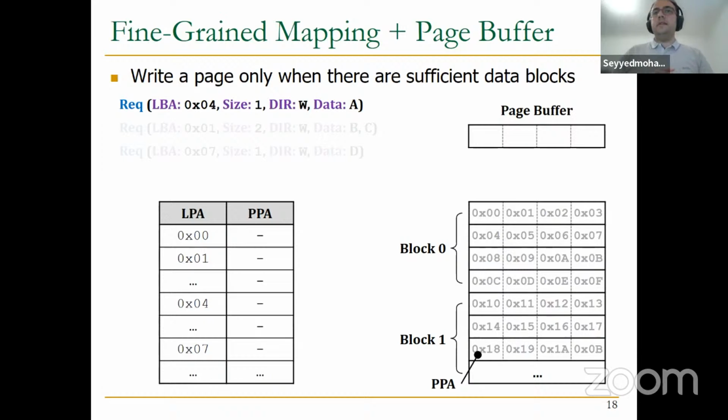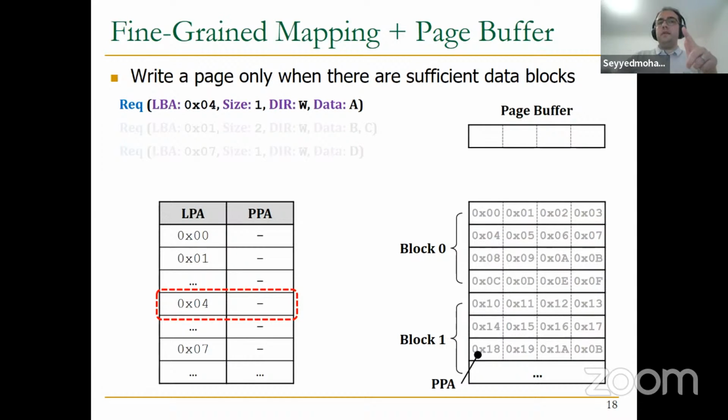Basically, the idea is simple. We keep the mapping based on 4 kilobytes, so we write a page only when there are sufficient data blocks. Let's see how it works. In the previous example, we want to write to logical block address 4.